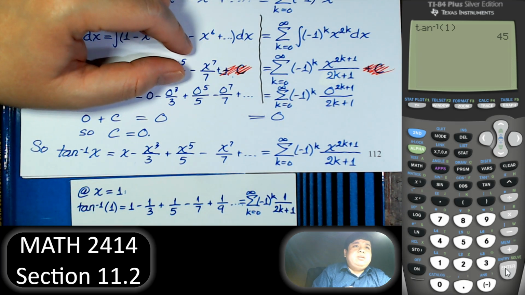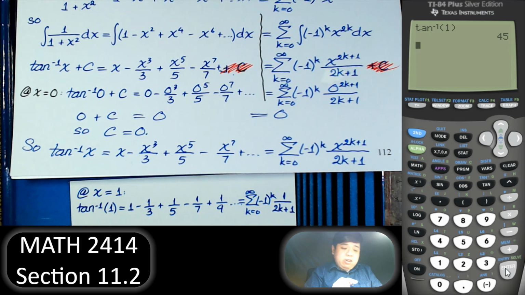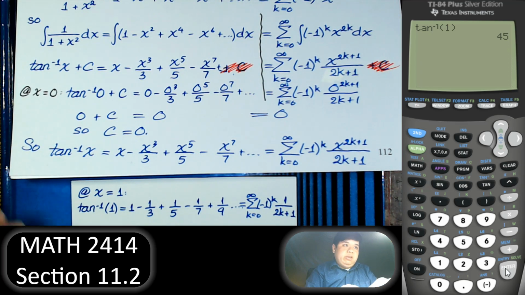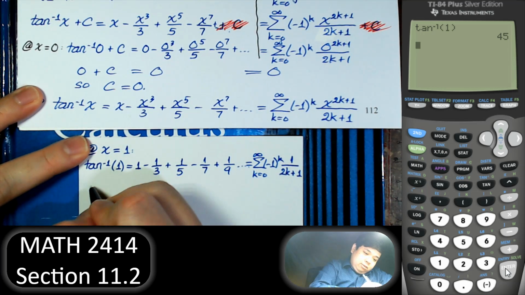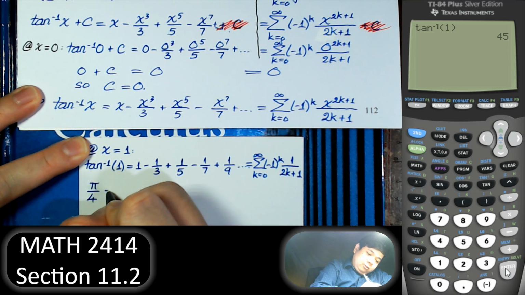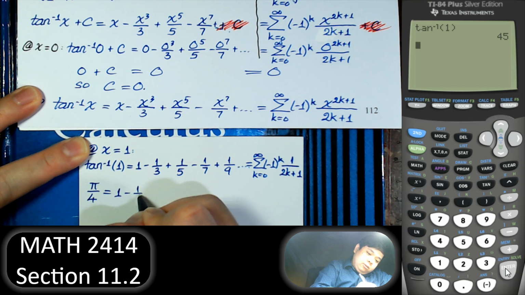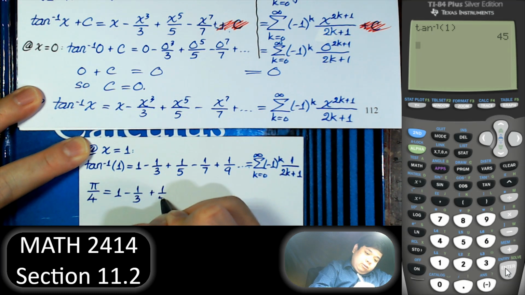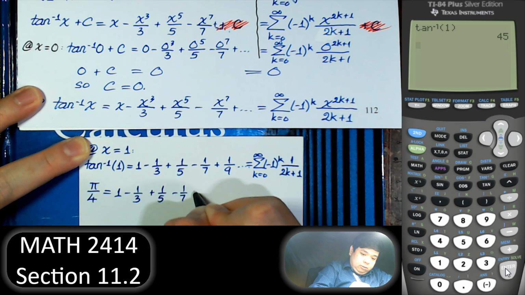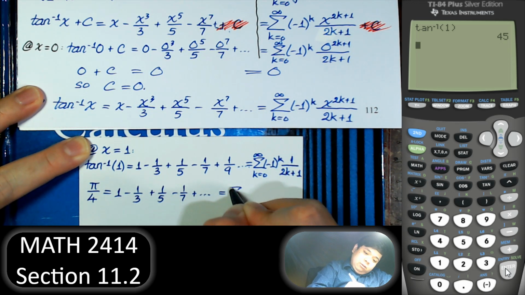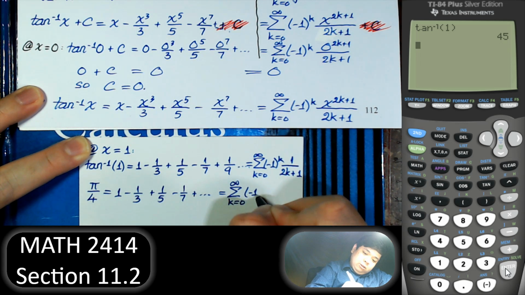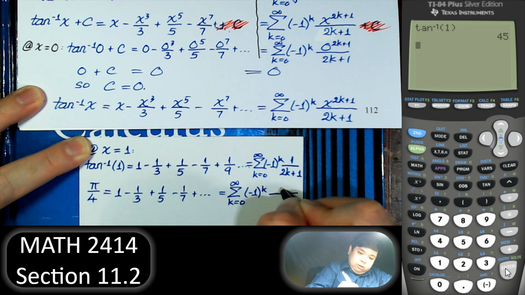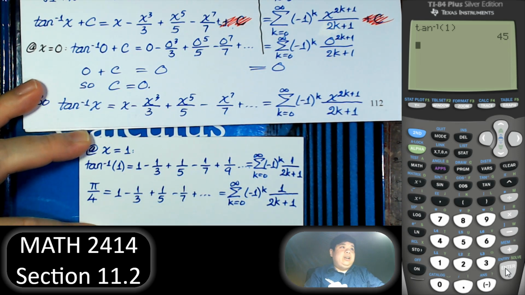So what's the big deal of this? The big deal is that tangent inverse of 1 is pi over 4, right?